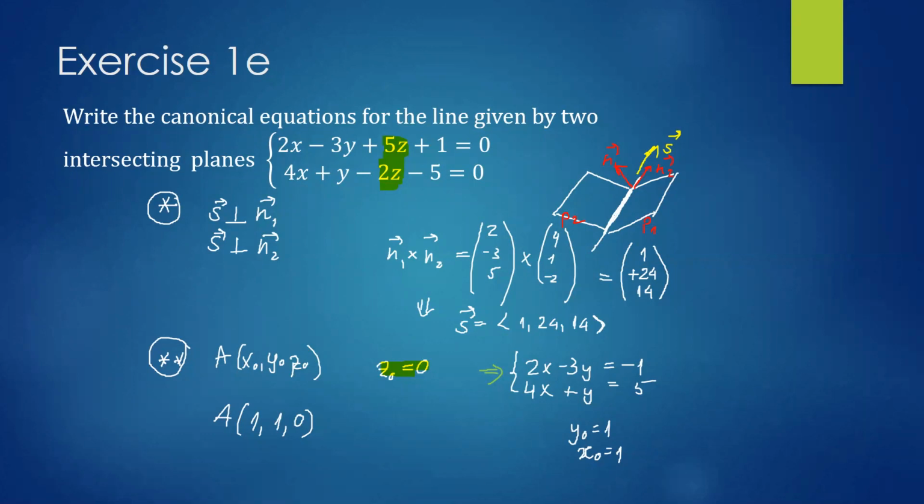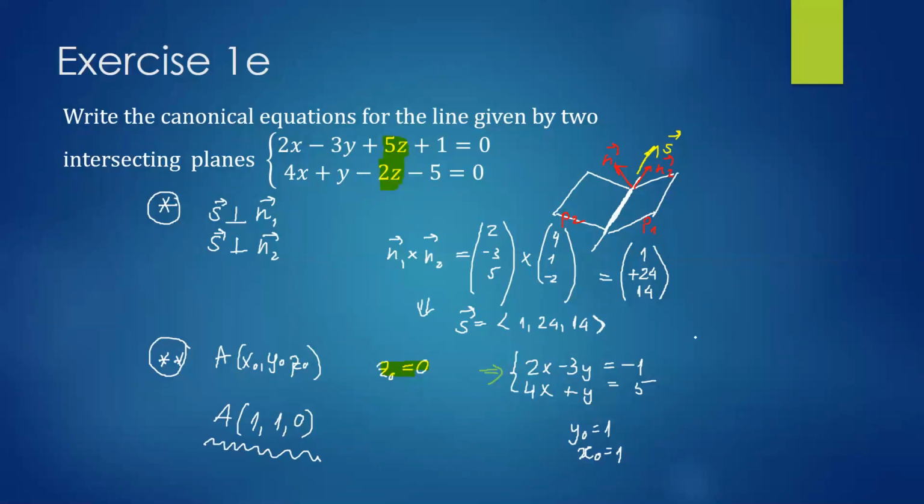Or if you choose y equal to 0, you would be able to find some value for x and some value for z. They might not be integers. You might get fractions, but that doesn't matter as long as you get coordinates for some point on the line, because this is something that we choose. We don't have to choose by all means this point on the line, or that point on the line. You find any one point on the line, any one point.